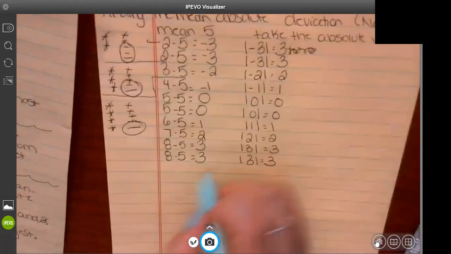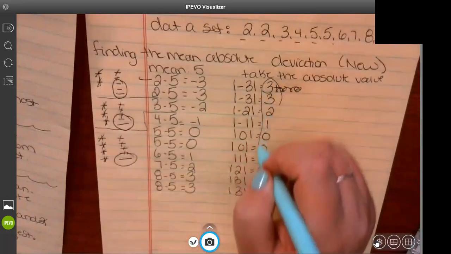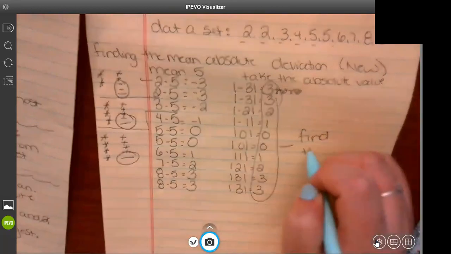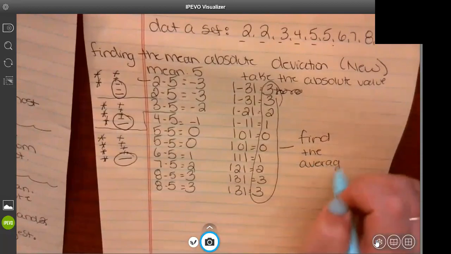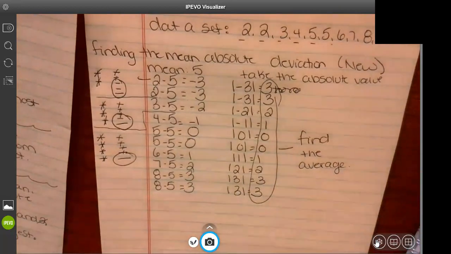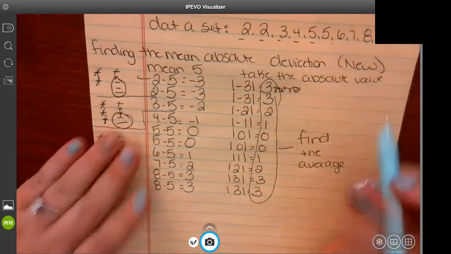Okay. Now the last step before we can finish this is we're going to take all of these numbers and find the average. So we're going to add all of these numbers up and divide them by 10.